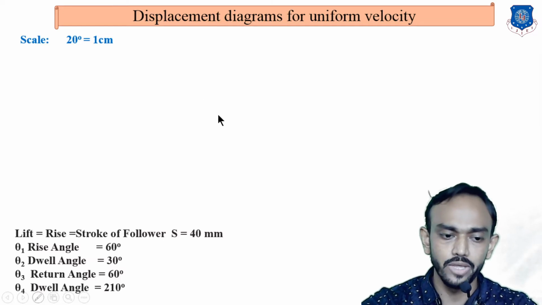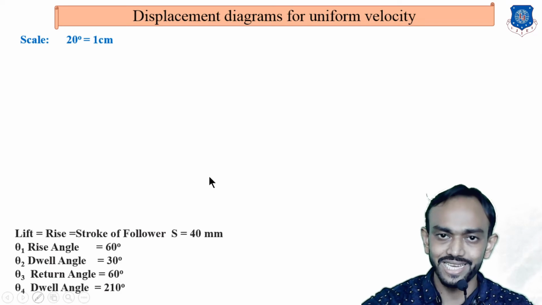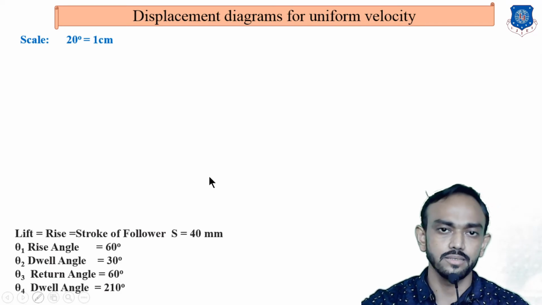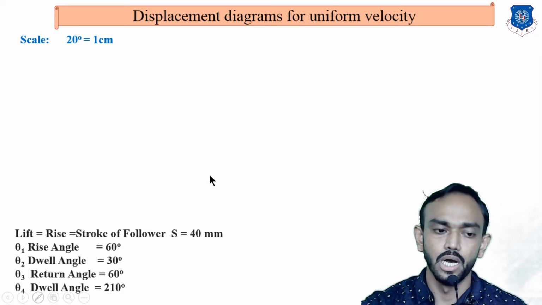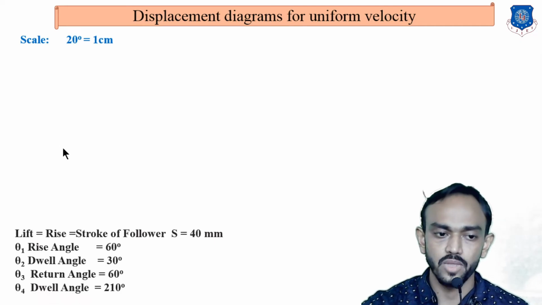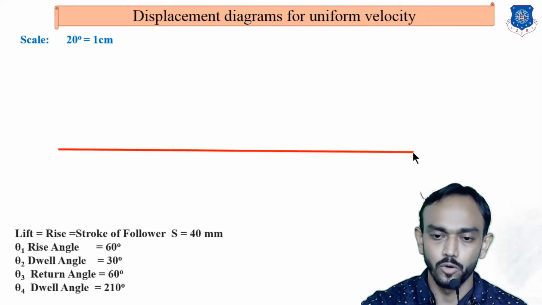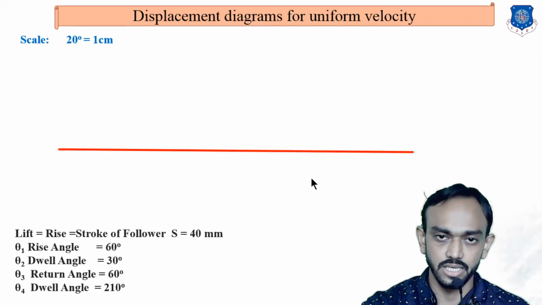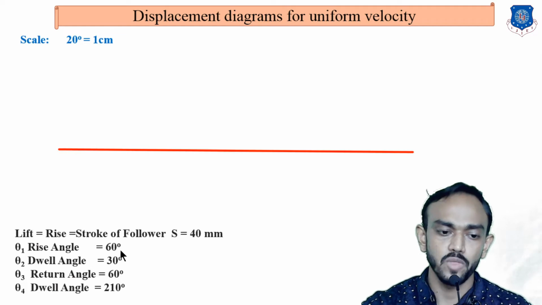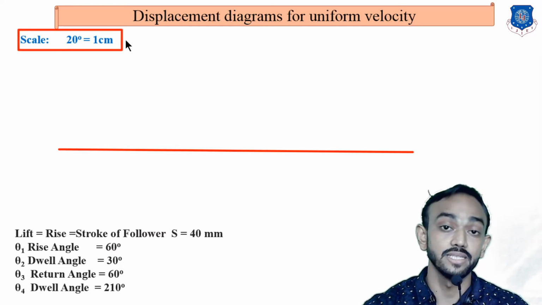So first of all we draw this graph or diagram, which gives us the respective follower motion with respect to rotation of the cam. In the x direction we give the rotation, and the rotation of the cam is 360 for one revolution. So all this angle we convert into linear dimension. 20 degree is equal to 1 centimeter.